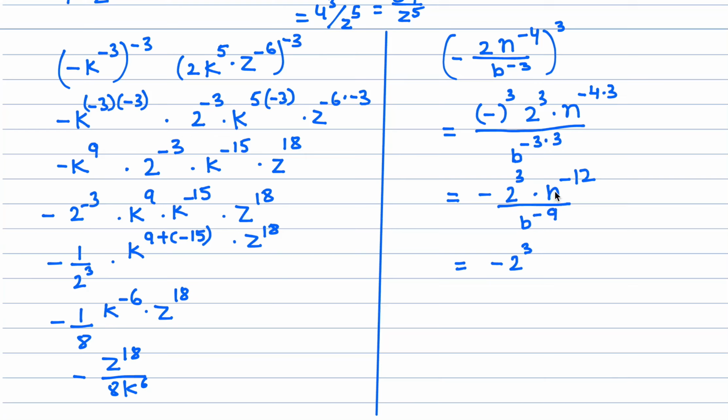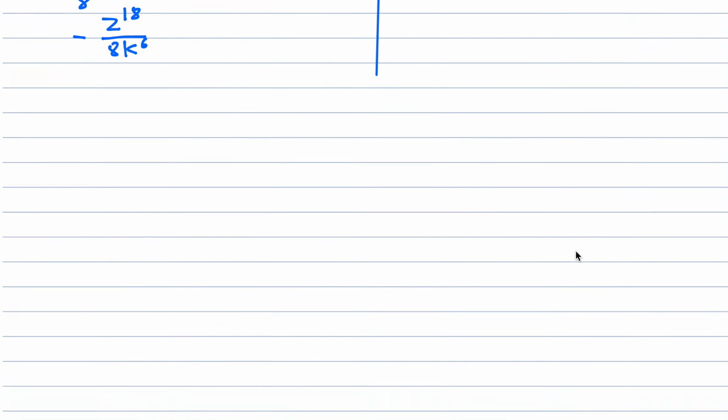Now the reciprocal rule will be applied to n. It is in the numerator, so it will go to the denominator, and b to the power minus 9 is in the denominator, so it will come in the numerator. Perfect. Just stop, revise it a little bit, and then, okay, let's do one more question.